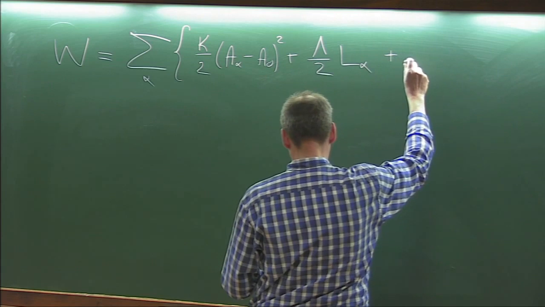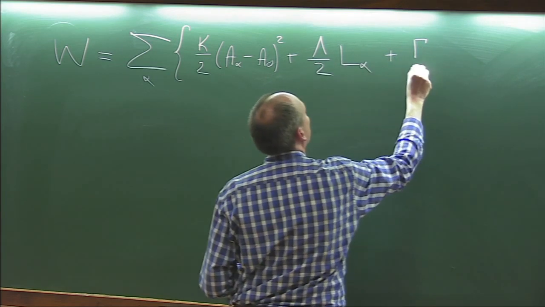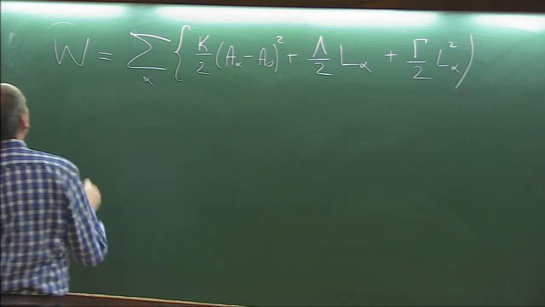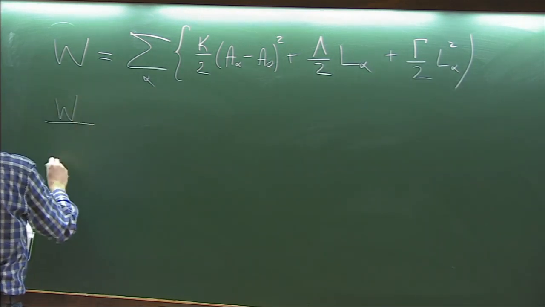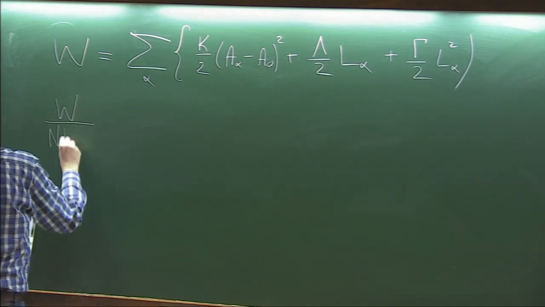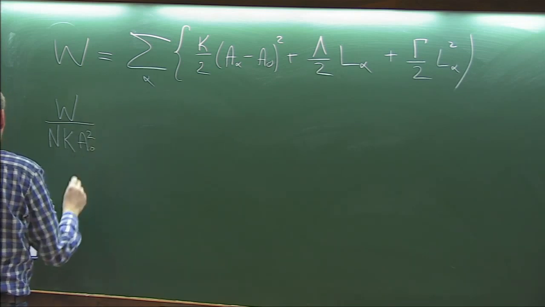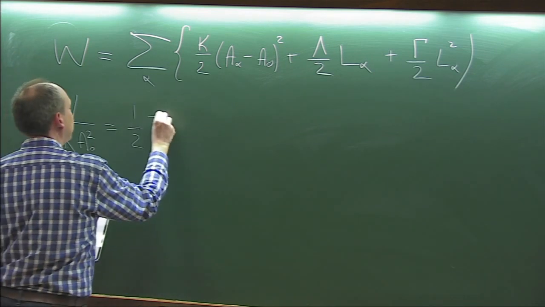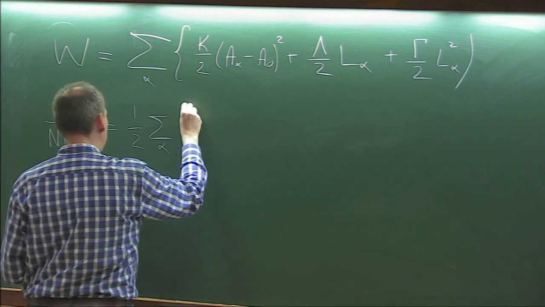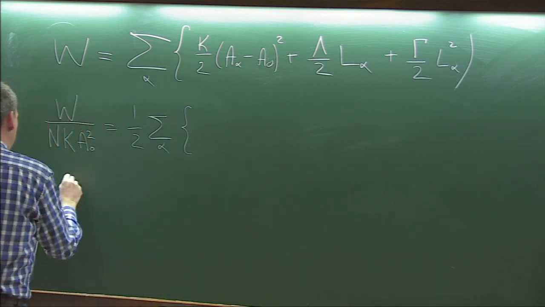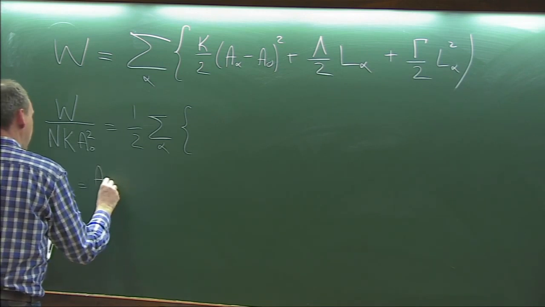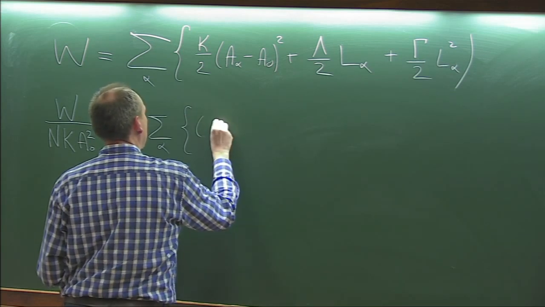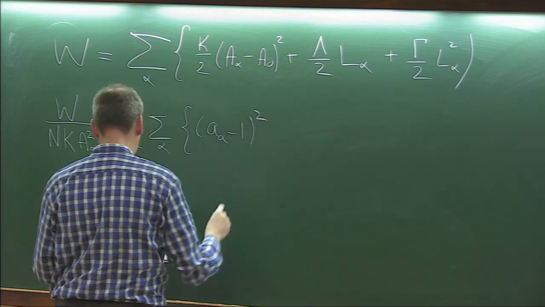And then I have also this line tension, that's the perimeter elasticity. And if I now go to the dimensionless form, where I divide by nk A0 squared, then I can write this as 1/2 sum over alpha. Now I introduce a dimensionless area, A alpha over A0. And then I have simply A alpha minus 1 squared.